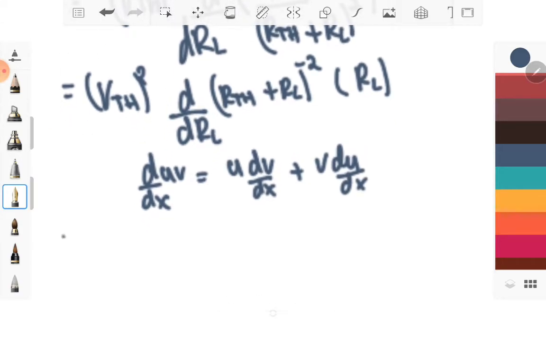Okay, so therefore we have VTH squared multiplied by, let this term be your u and let this term be your v.